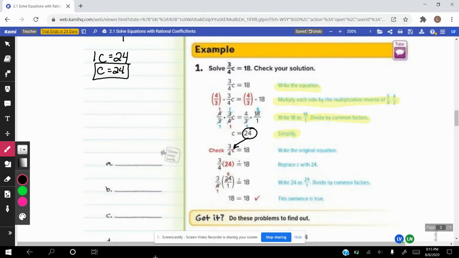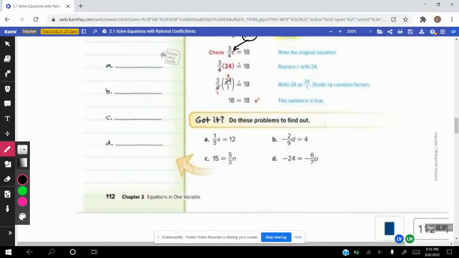And then you can cross reduce. So 24 and 4, you can take out a 4. So 4 divided by 4 is 1. 24 divided by 4 is 6. Then you have 3 times 6, which is 18. 18 equals 18. Check. This sentence is true. So now you're going to try these problems to find out.